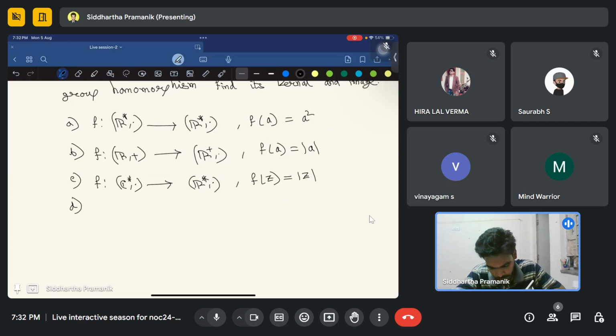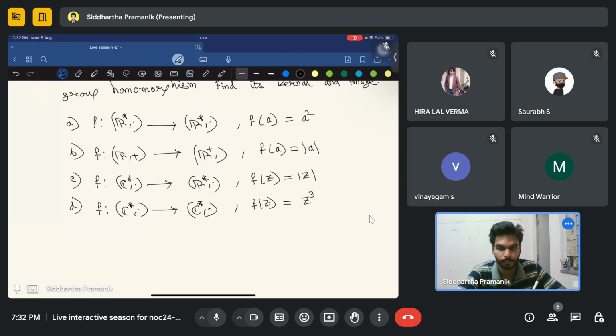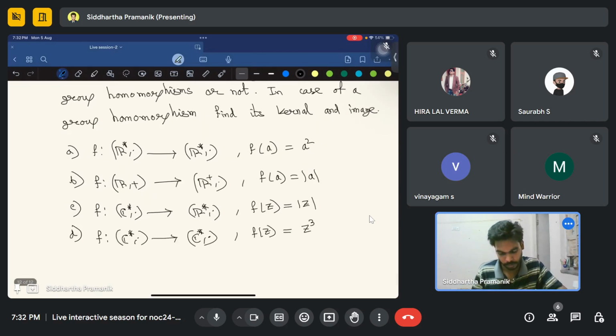And the fourth one is f from C star to C star, and the map is f of z equals z power 3. So can you quickly check which of these are homomorphisms or not?